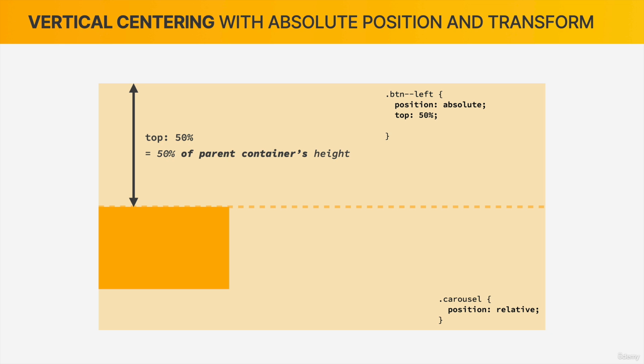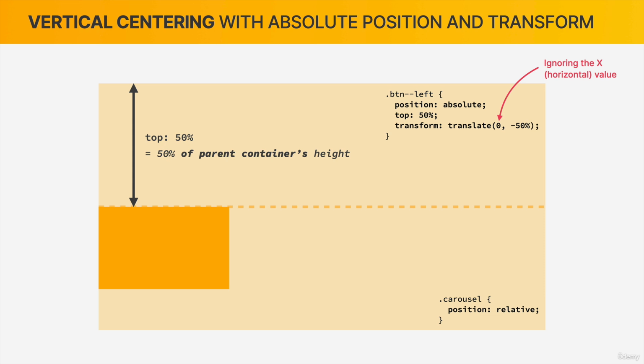And so that's where the second part of this technique comes in. So this technique of vertically centering with absolute positioning. That second part is by using the transform property once again. Now, in this case, we use transform not with scale, but with translate. And what translate does is to basically move the element around.